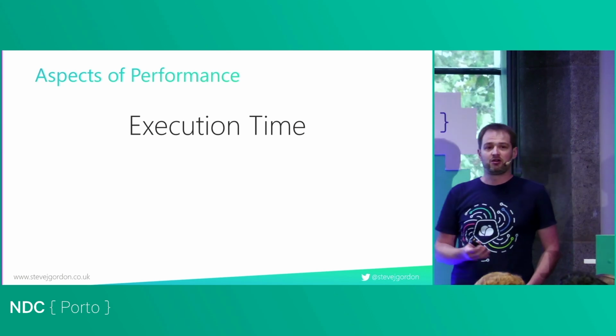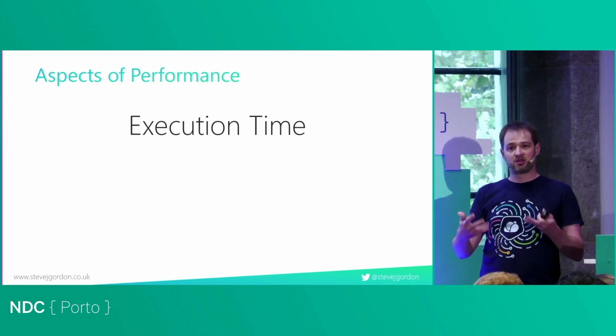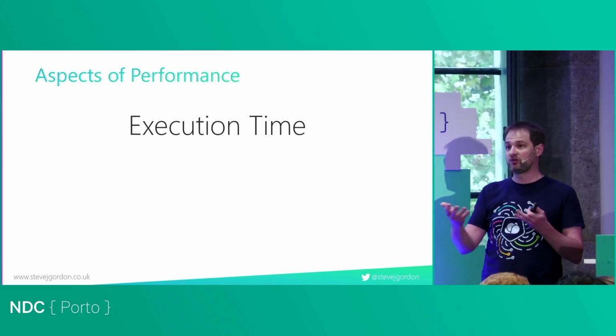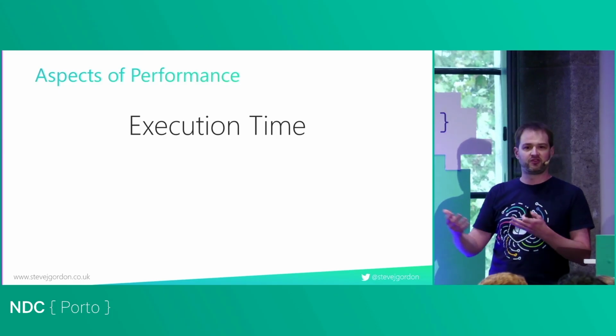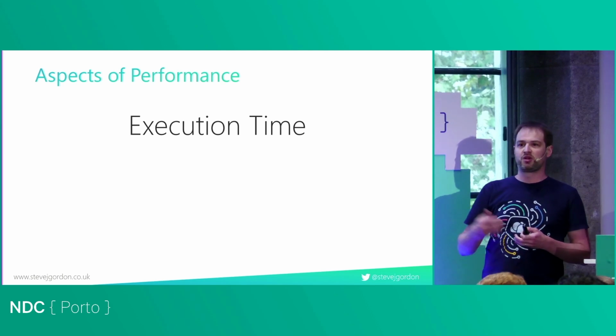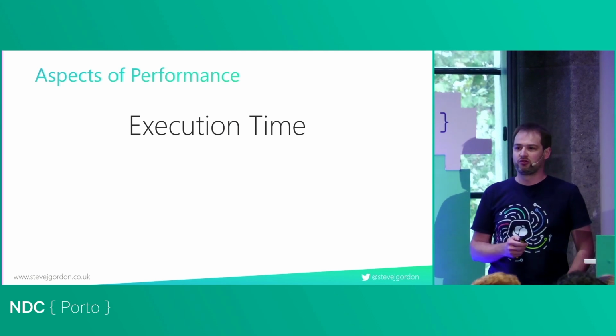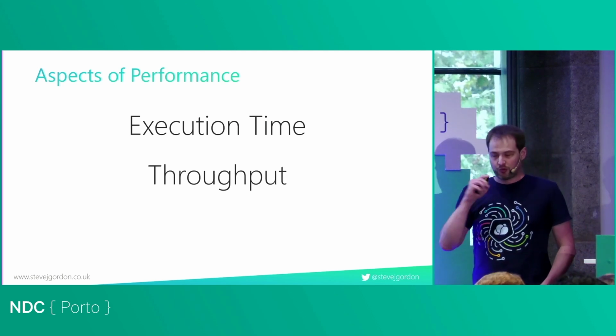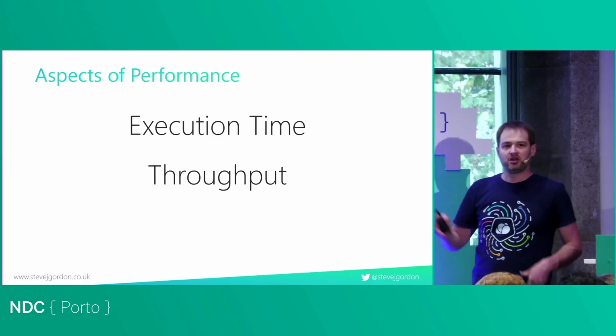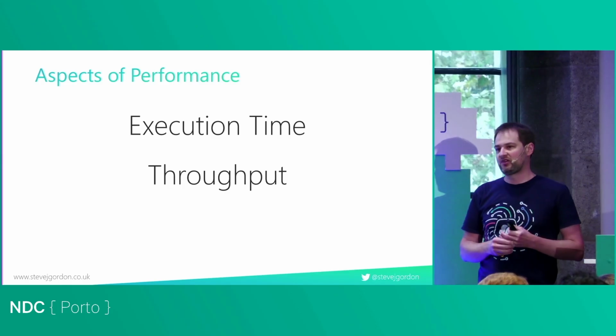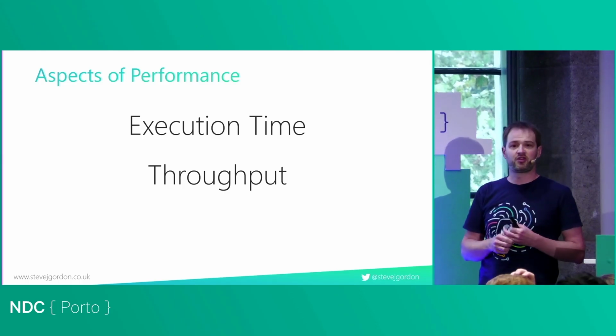Typically, if we can make our code execute more quickly, then we can give a better response to the user, the customer that's visiting the site or using the application, because we're able to return results or information to them more quickly. Throughput is a sort of related measure, but it's a better way of thinking about this in terms of what a system or a service can actually achieve.